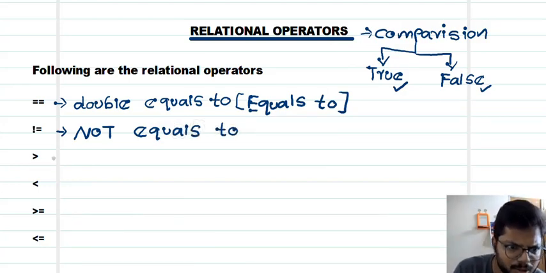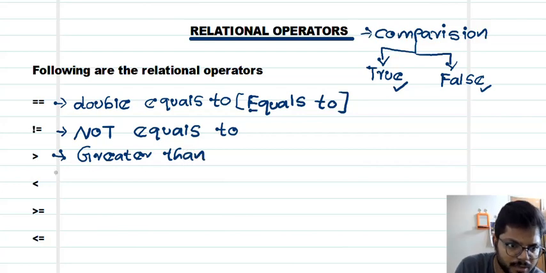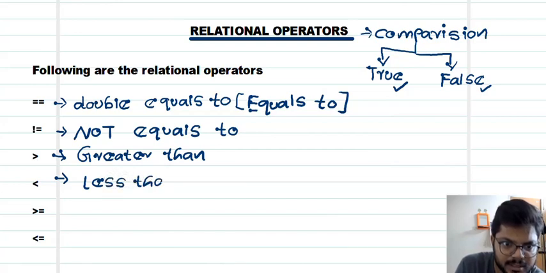This is the symbol of greater than. Of course, if there is a greater than, there is a less than. So greater than, less than.